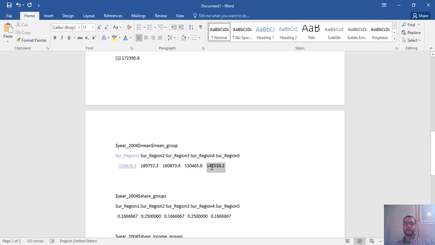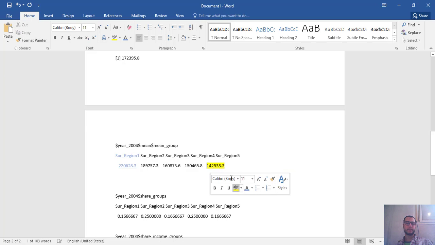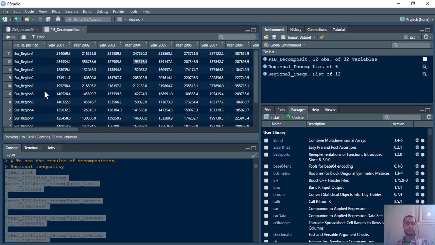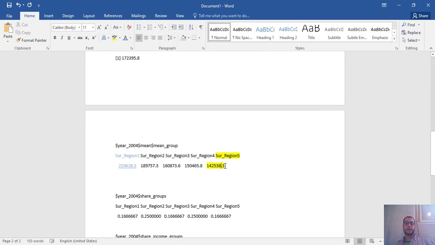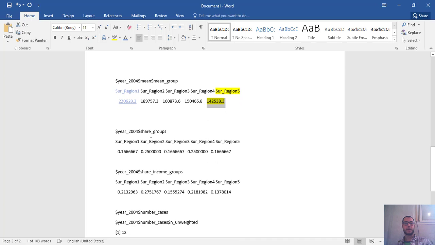And for sub-region 5, just to demonstrate this, this number equals sub-region 1, 2000, and this number plus this number, we will get this number. So I hope this helps you to understand the results.